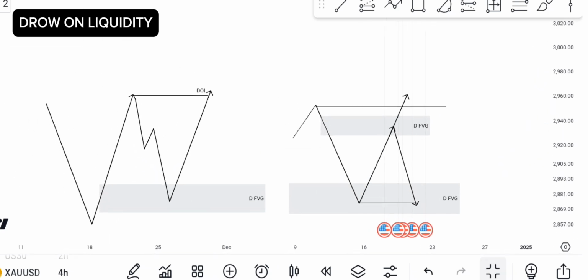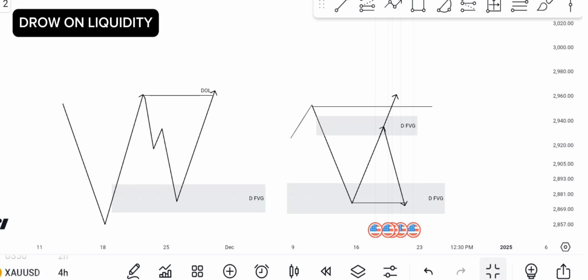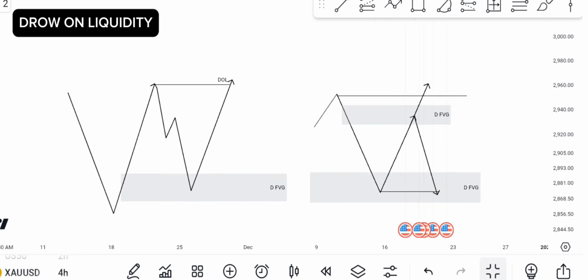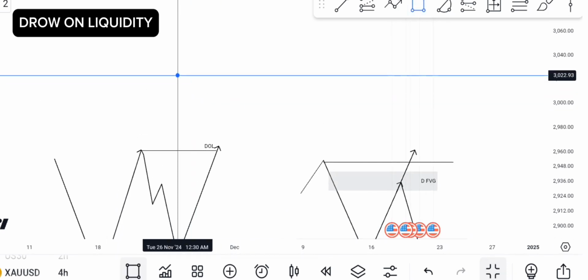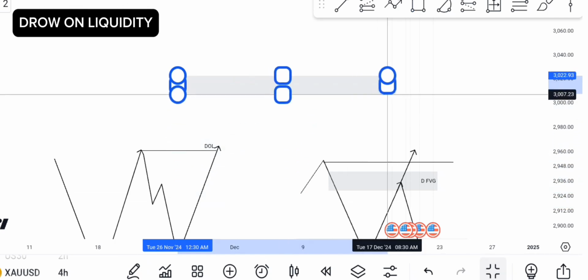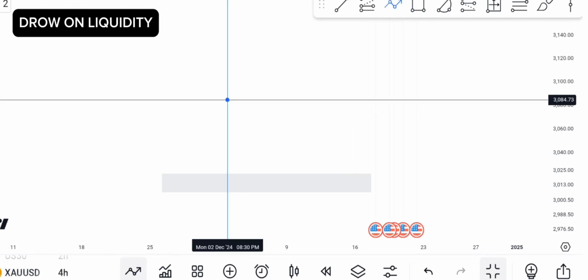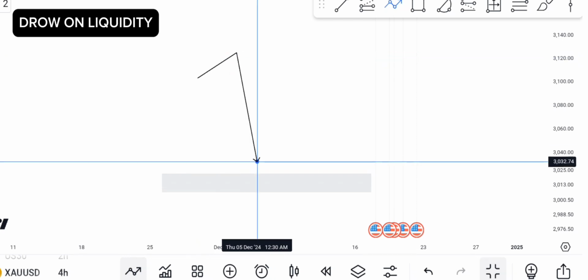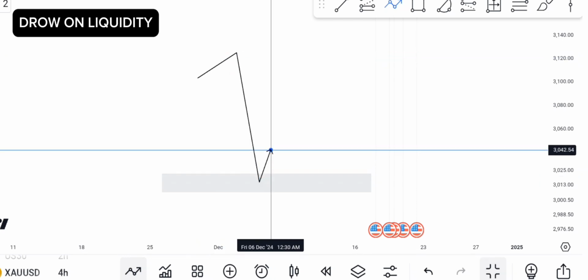So you have to check all time frames. All time frames means just check the monthly, weekly and daily. If price is overall bullish, and just imagine there is a monthly fair value gap, and price taps this monthly fair value gap, what will be the draw on liquidity?